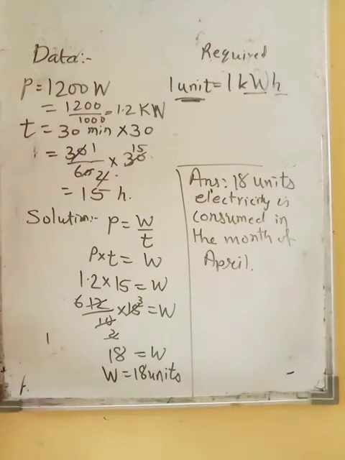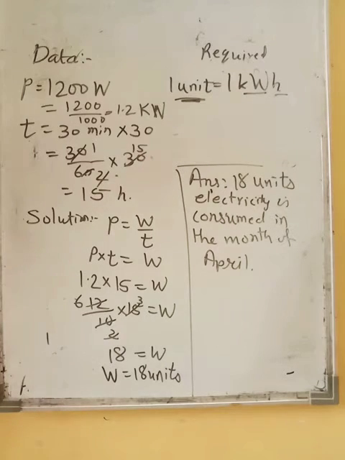Got it? The main thing is you do the conversion properly as per the given data. Remember that electrical energy is always in units, so you have to convert into kilowatt hours.